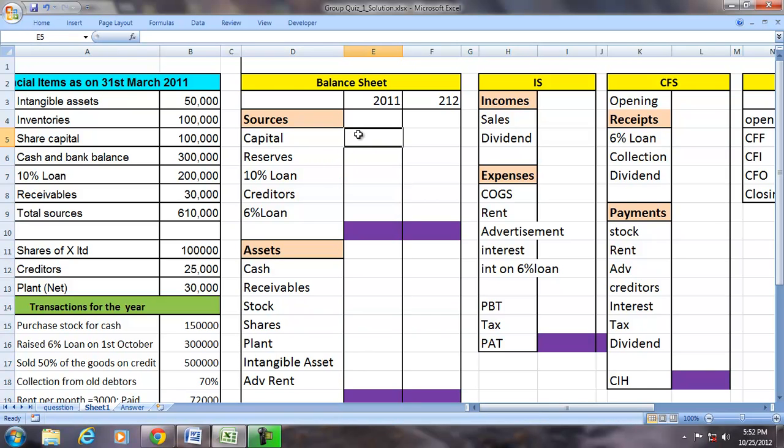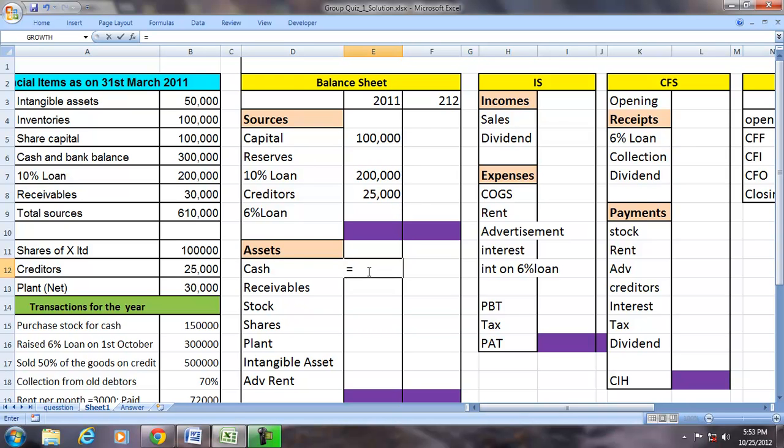So the capital is 100,000, reserves not given, 10% loan 100,000, creditors 25,000, and 6% loan is not there.